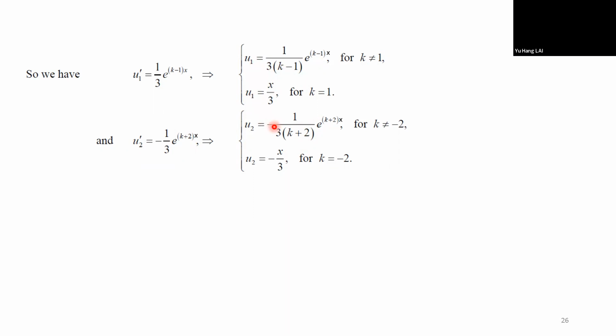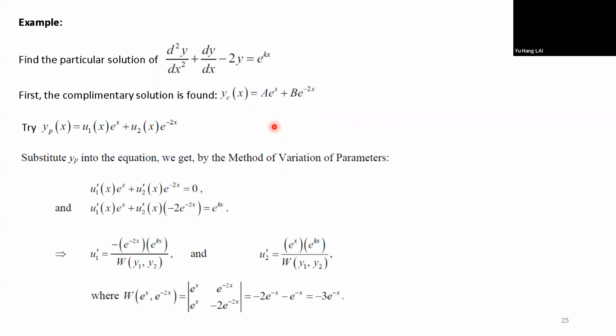Of course, the answer would be exactly the same as if you just use the trial solution. If you use the method you learned last week, you just try Y_P equals a e to the kx. But of course, you also need to look at this and this.